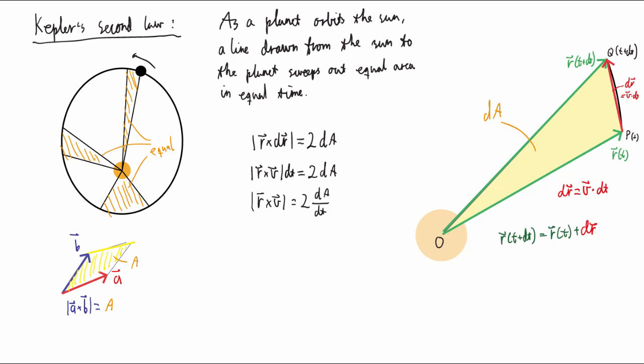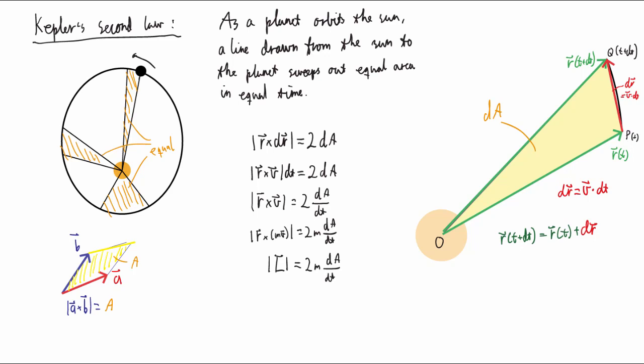That's what we're looking for. Now we can just multiply by the mass, so we get the magnitude of r cross mv equals 2m dA/dt. mv is the momentum, so therefore r cross p is the angular momentum. So we then get that the magnitude of the angular momentum is 2m dA/dt.